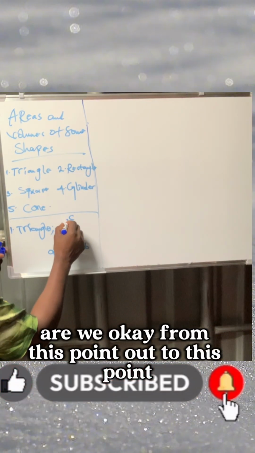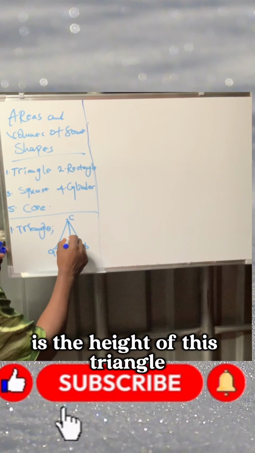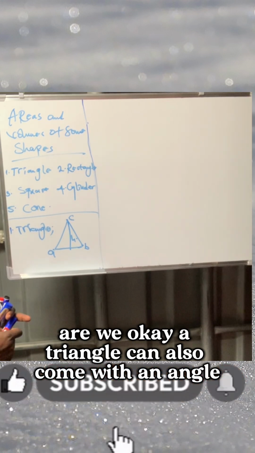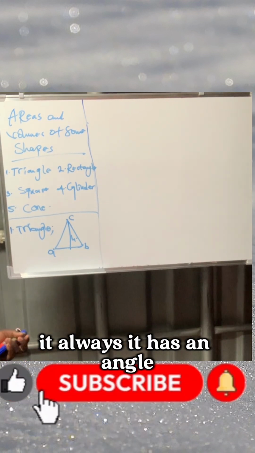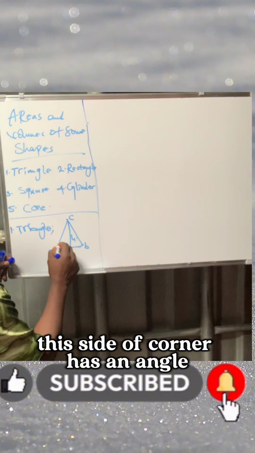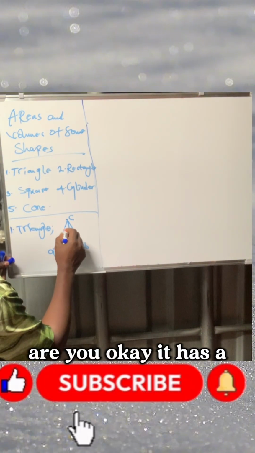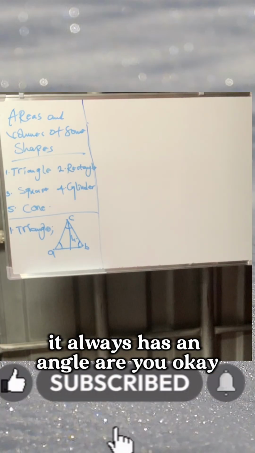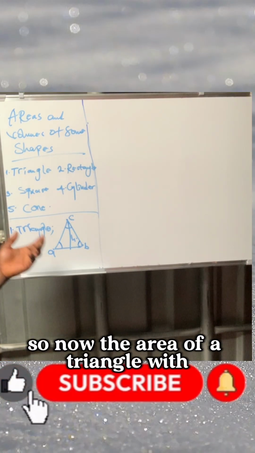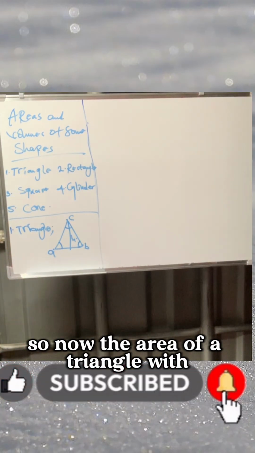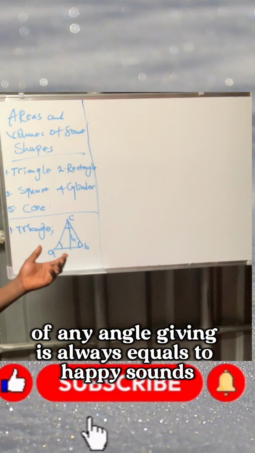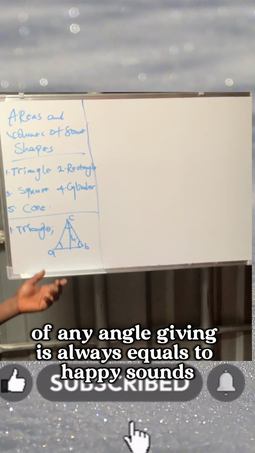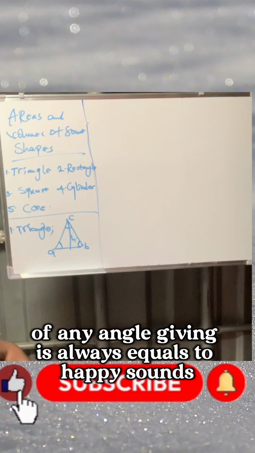From this point up to this point is the height of this triangle. A triangle can also come with an angle. This corner has an angle. It always has an angle. Now, the area of a triangle without any angle given is always equal to half base times height.